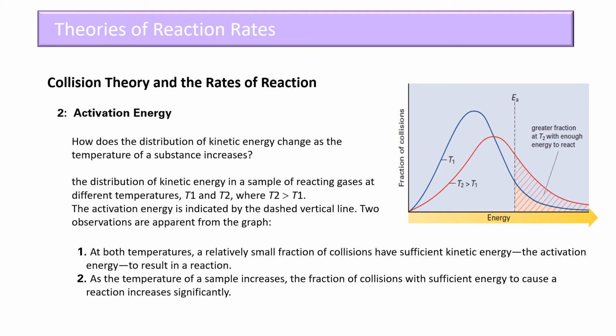Two observations are apparent from the graph. One, at both temperatures, a relatively small fraction of collisions have sufficient kinetic energy, the activation energy, to result in a reaction. Two, as the temperature of the sample increases, the fraction of collisions with sufficient energy to cause a reaction increases significantly.